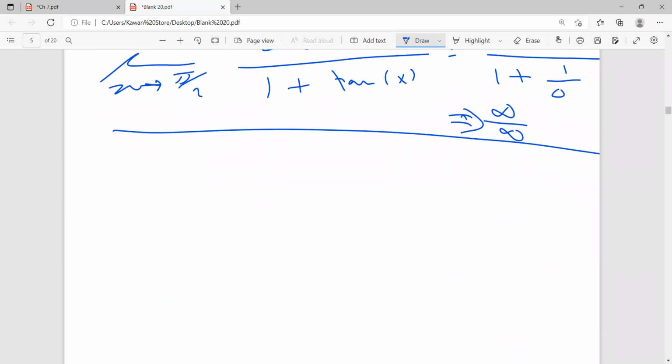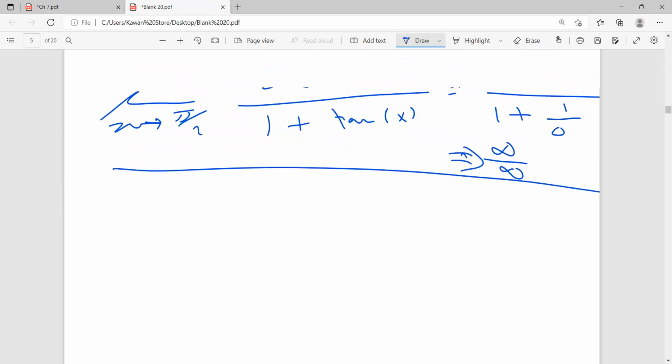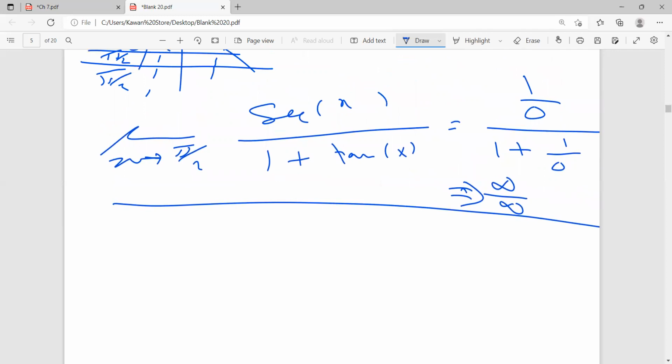Now it's your turn. We got infinity over infinity. So how do we fix this problem? Yes, same way. I know L'Hopital, but they give me the derivative. So it's equal to, sorry, not infinity, pi over 2.